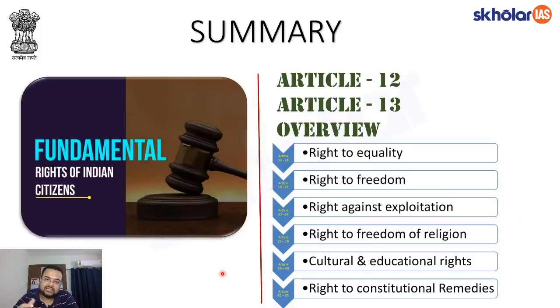Article 12 essentially gives us the understanding of what exactly we mean by state, and in article 13 we understood that any act done by the state which is in violation of the fundamental rights will be held as void. हमने ये भी समझा that there is something called Bill of Rights. हमने समझा कि the provision, that is doctrine of judicial review, is actually deriving its legitimacy from article 13, क्योंकि article 13 कहता है कि हर वो एक्ट जो लेजिस्लेचर और फॉर दैट मैटर एग्जीक्यूटिव करता है, जो फंडामेंटल राइट्स को ब्रीच करता है, वॉयलेट करता है, वो वॉइड होगा। But ये कौन डिटरमाइन करेगा? ये जुडिशरी डिटरमाइन करेगा, ये आर्टिकल 13 बता देता है। हमने एक ओवरव्यू भी ले लिया with respect to the rights which are included. अब ये जो सारे राइट्स हैं ये हम एक एक करके अपने आने वाले अपकमिंग मॉड्यूल्स में कवर करेंगे। This is all students we had for this lecture.